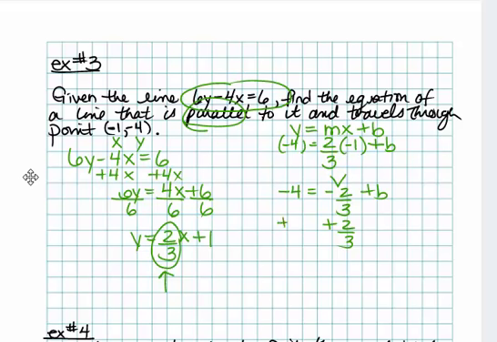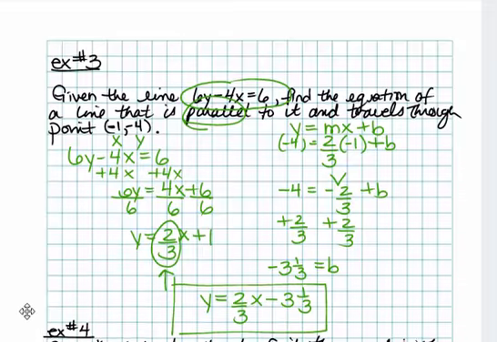Add 2/3 to both sides. And I think we're going to get negative 3 1/3 is b. Well, good thing we didn't graph it, because it wouldn't land perfectly on the graph. So our equation for this is going to be the same slope, except for b, we need negative 3 1/3.